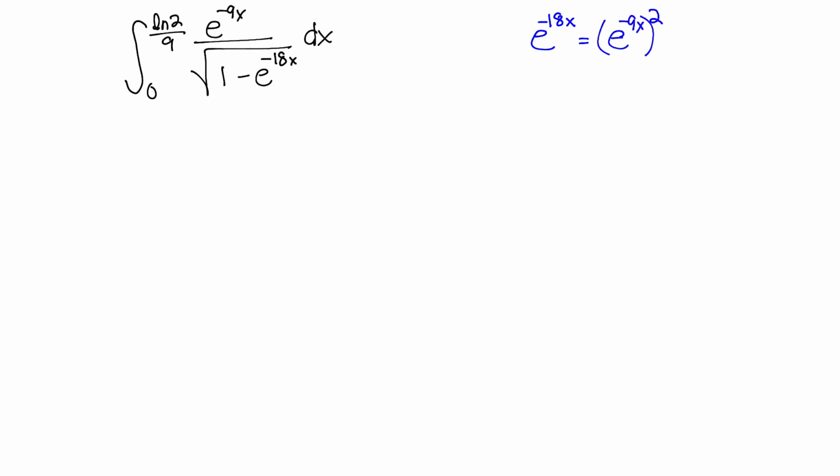The reason is that we have exponent rules that say if you have x to the 3 to the 2, that's actually x to the 6th, because we multiply our exponents. So negative 9 times 2 gives me the negative 18. Are you with me? So I was suggesting that we rewrite this as e to the negative 9x squared.